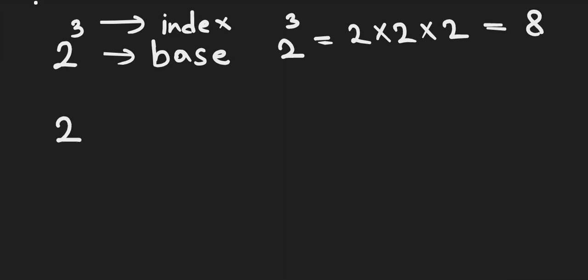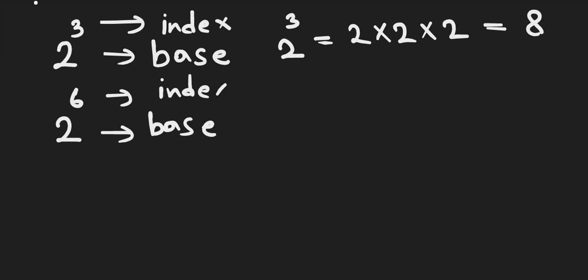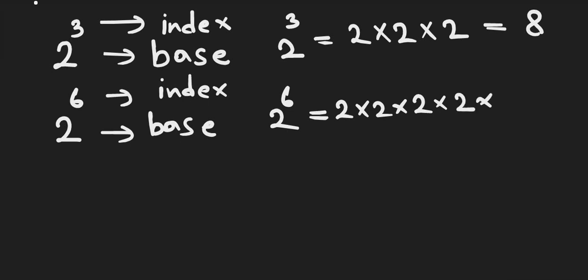Now consider 2 to the power 6. Here also 2 is our base, but our index this time is 6. 2 to the power 6 is 2 multiplied by itself 6 times, that is 64.